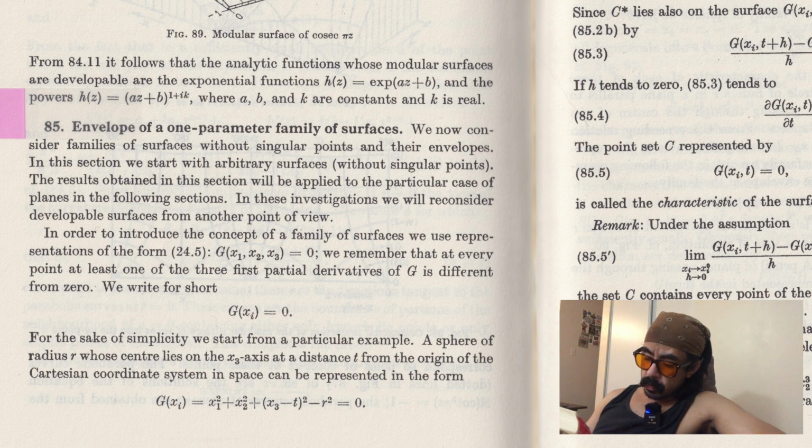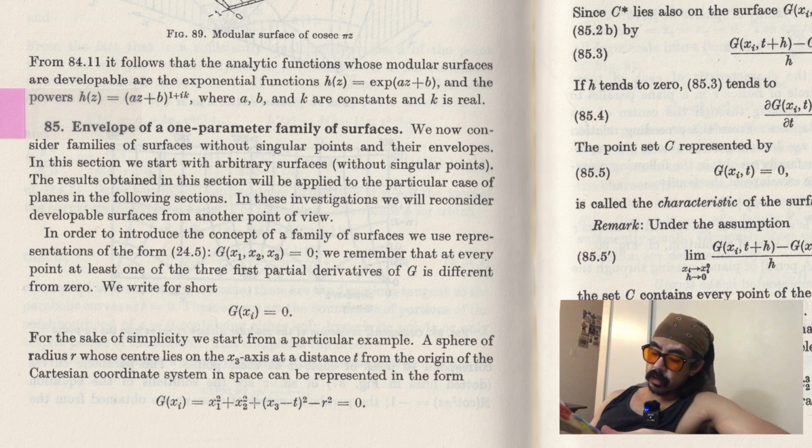G(x1, x2, x3) = 0. We remember that at every point at least one of the 3 first partial derivatives of G is different from 0. We write for short, G(x_i) = 0. For the sake of simplicity, we start from a particular example.